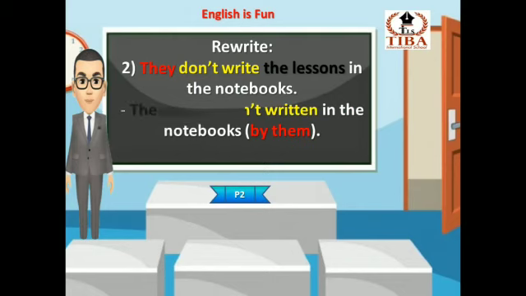Then the verb don't write becomes aren't written. Aren't because the object is plural, and written is the past participle form of the verb write. And then after finishing the sentence, we may put by them at the end of the sentence. So it becomes the lessons aren't written in the notebooks by them.